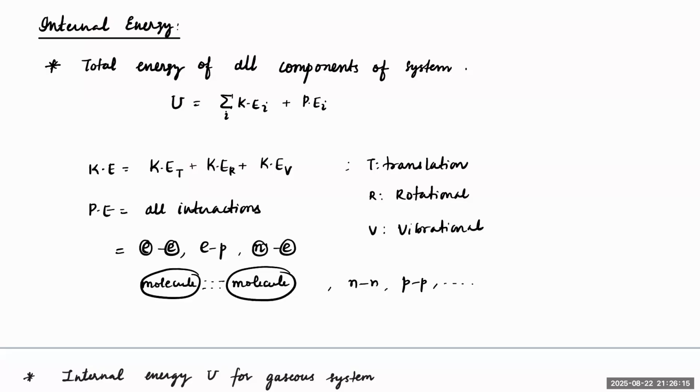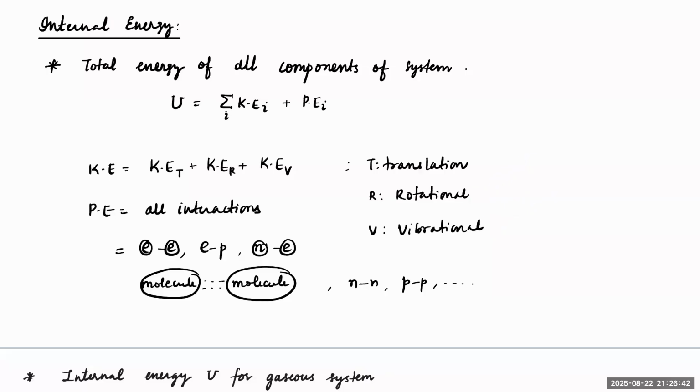And of course, it is not practically possible to calculate the internal energy, isn't it? I can say internal energy is the summation of all the kinetic energies and all the forms of potential energies. Kinetic energy is always observed in three forms: translational, rotational, and vibrational kinetic energy.